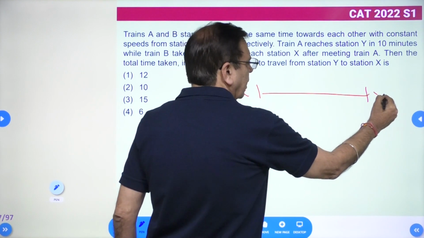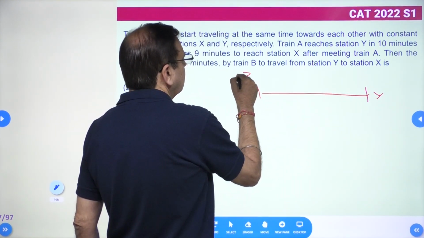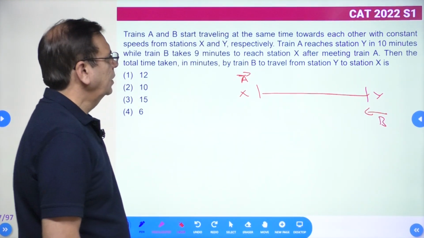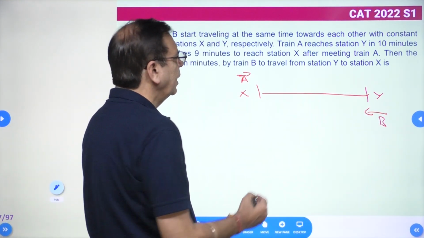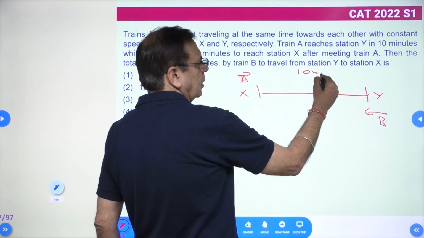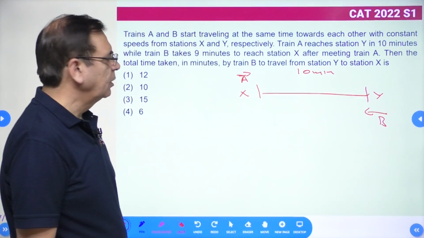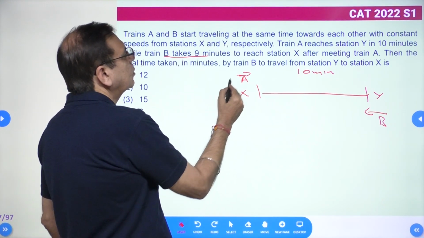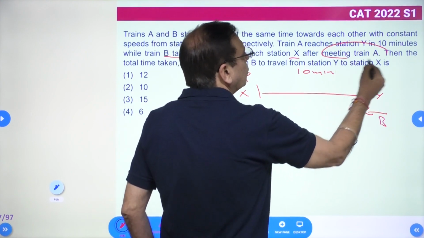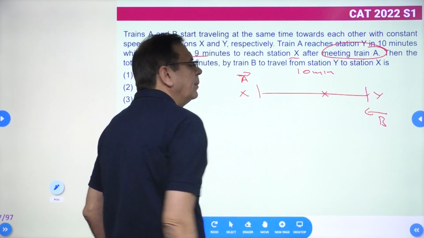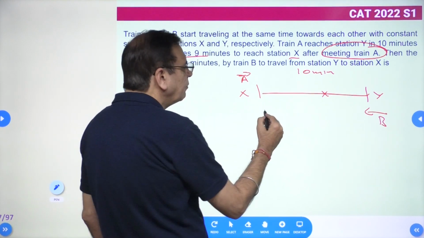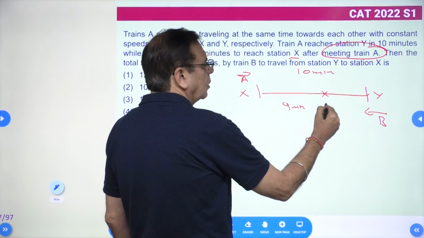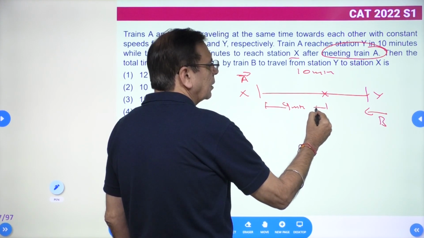This is X, this is Y. Train A is moving in this direction and train B is moving towards X. Train A reaches station Y in 10 minutes, so train A takes 10 minutes for this entire journey from X to Y. While train B takes 9 minutes to reach station X after meeting train A. So trains A and B meet somewhere, after which train B takes 9 minutes. So this distance train B does in 9 minutes.